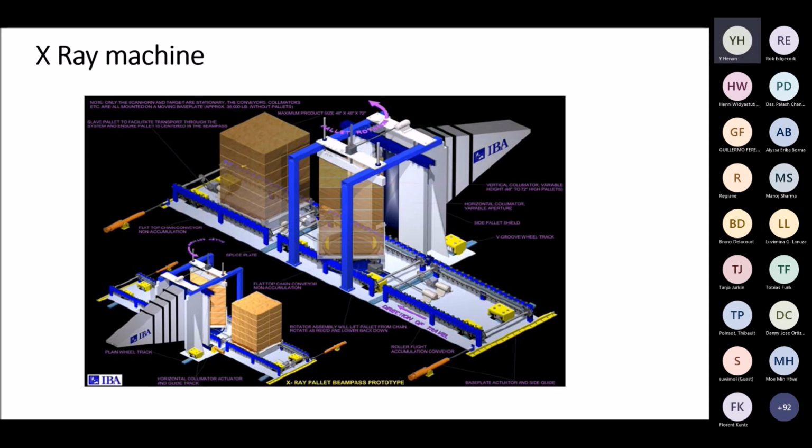This is one example of an X-ray facility built by IBA. You see here pallets turning in front of the beam. What you see is the scanning horn, so as to irradiate the pallet as uniformly as possible.